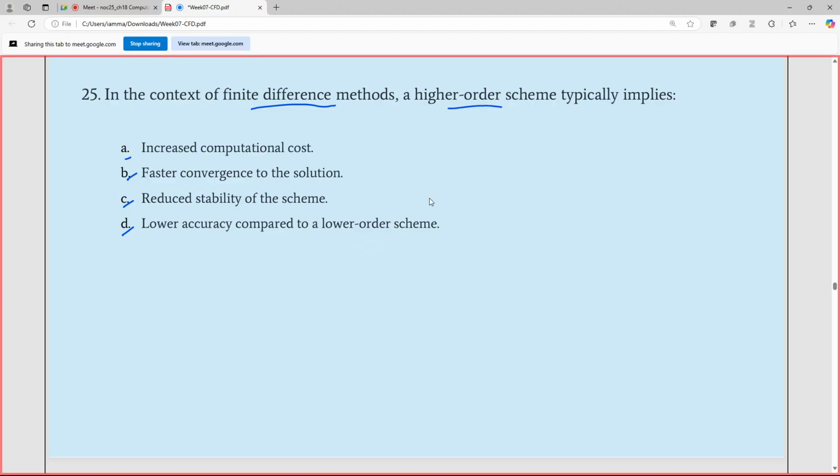The question is on higher order schemes. Which of the following is implied in a higher order scheme? Try to answer the question.